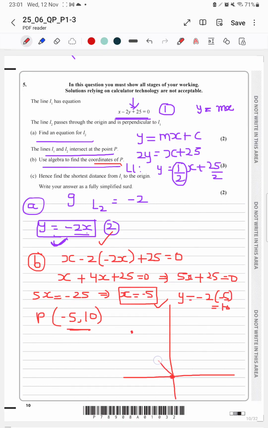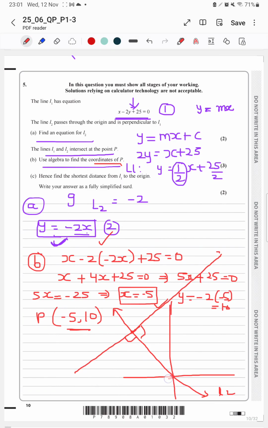So this line will be something like this. This is line L2. Now lines L1 and L2 are perpendicular, and that line is also passing through here. So if it is perpendicular, it should be something like this, and these angles are 90 degrees.